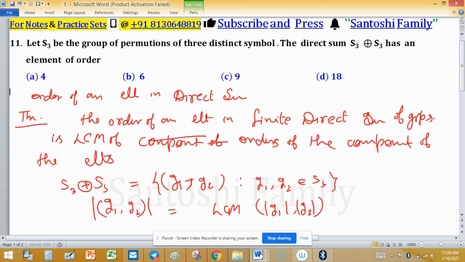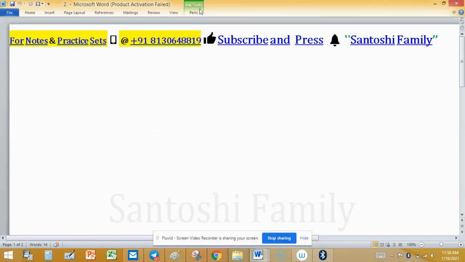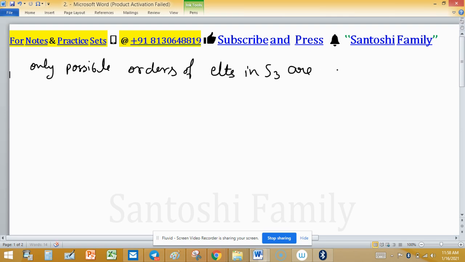It means the LCM of the orders of the components. So we need to find the possible orders in S3 direct sum with S3. We know the only possible orders of elements in S3 are 1, 2, 3.